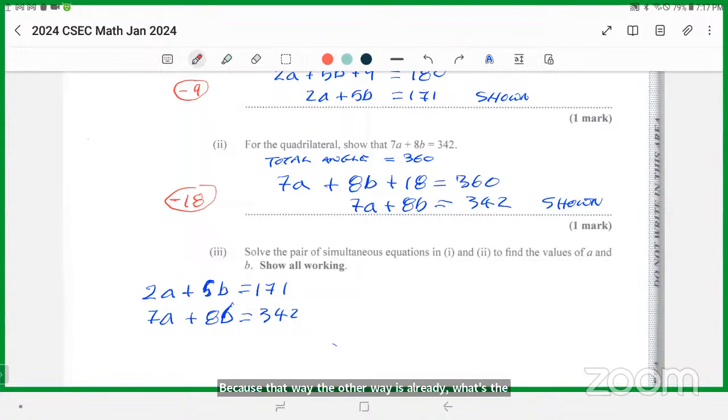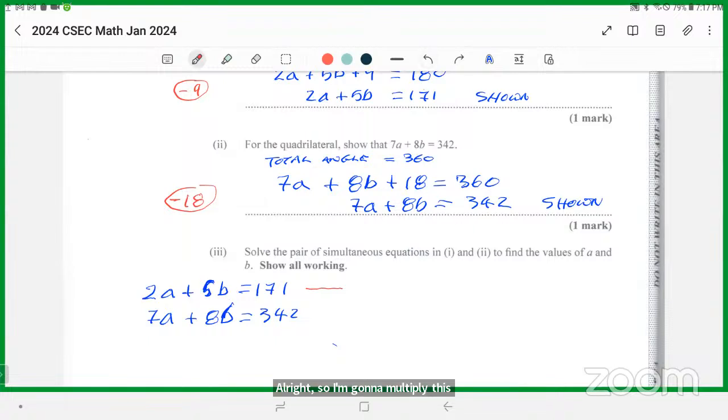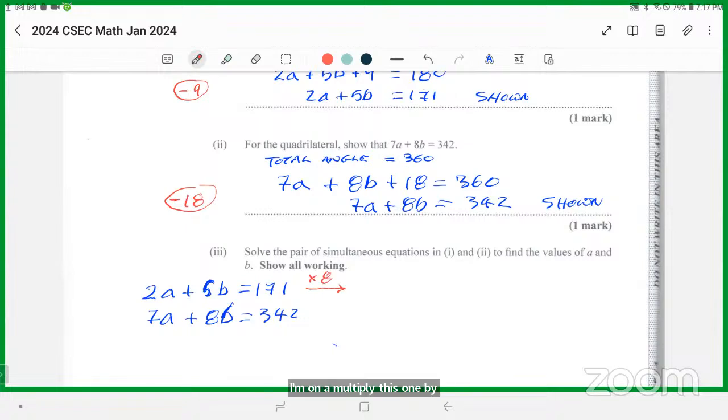So I'm going to multiply this equation because I want this to become 40B. I'm going to multiply this one by 8. Remember, I have to multiply every value by 8, each term by 8. And I'm going to multiply the second equation by 5 to make this become 40B.